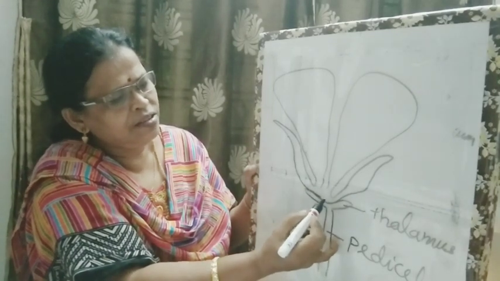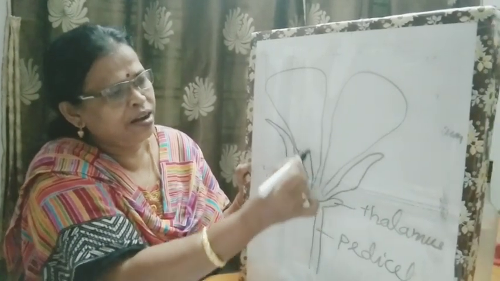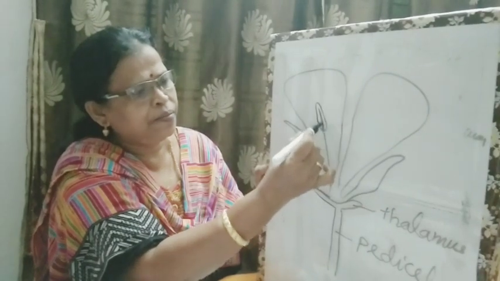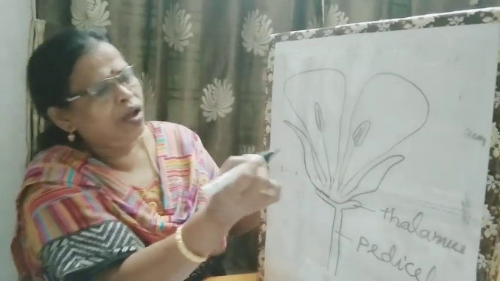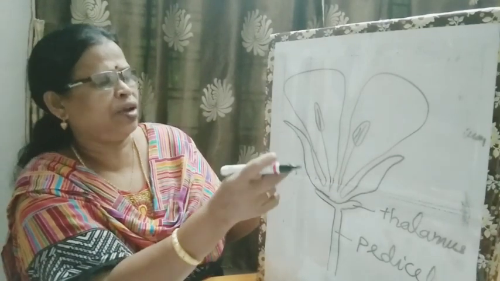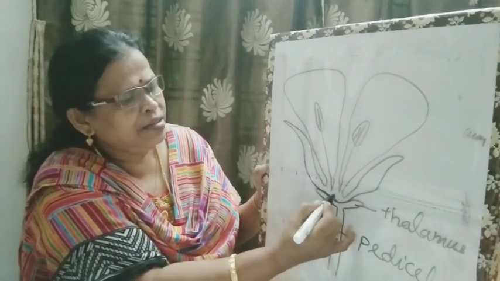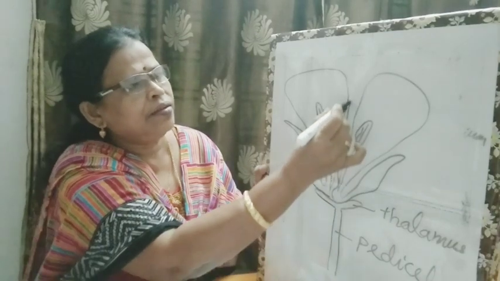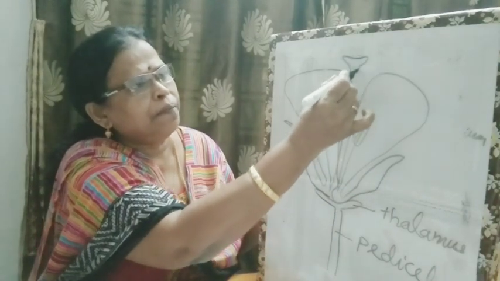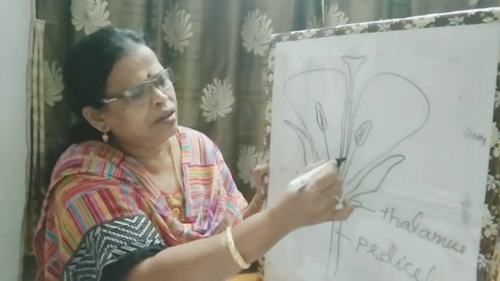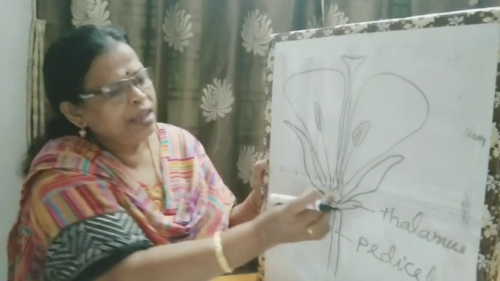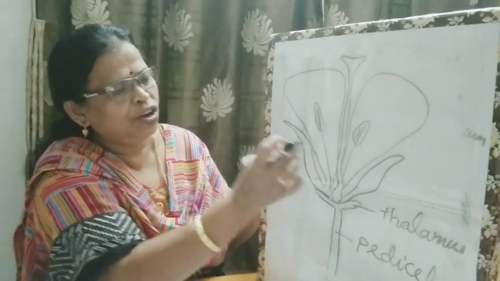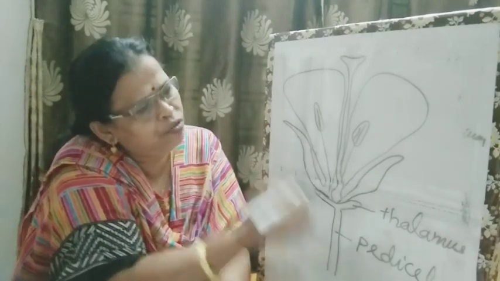Now there is stamen. Here I showed two stamens, and there is carpel. This is a diagram of LS of a flower. LS means longitudinal section of a flower.